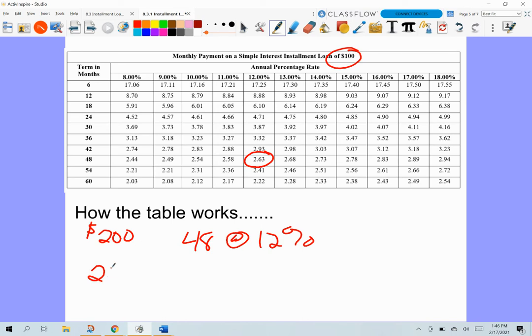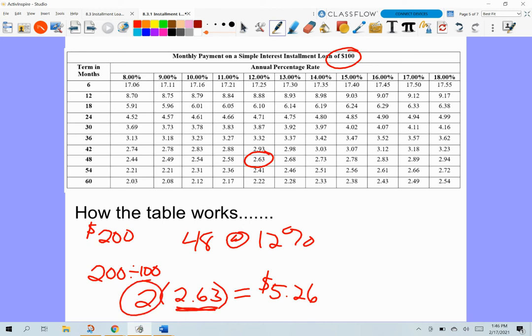We divide the loan by 100 and get 2, so we have 2 times that $2.63 every single month. Our payment there is 2.63 times 2. We would pay $5.26 every single month. So you're going to adjust this based on that multiplier for each month.